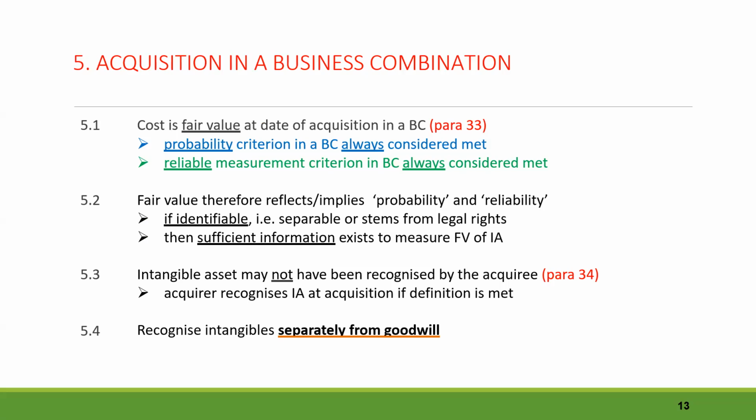And in accordance with IFRS 3, the acquirer, or the business purchasing, recognizes at acquisition date, separately from goodwill, an intangible asset that they purchased from the acquiree, irrespective of whether the asset had been recognized by the acquiree before the business combination. So maybe in their separate financial statements, it wasn't recognized as an asset. Okay, but now under the business combination, if we meet the criteria, then as the acquirer, we can recognize the asset separately from goodwill as an intangible asset.